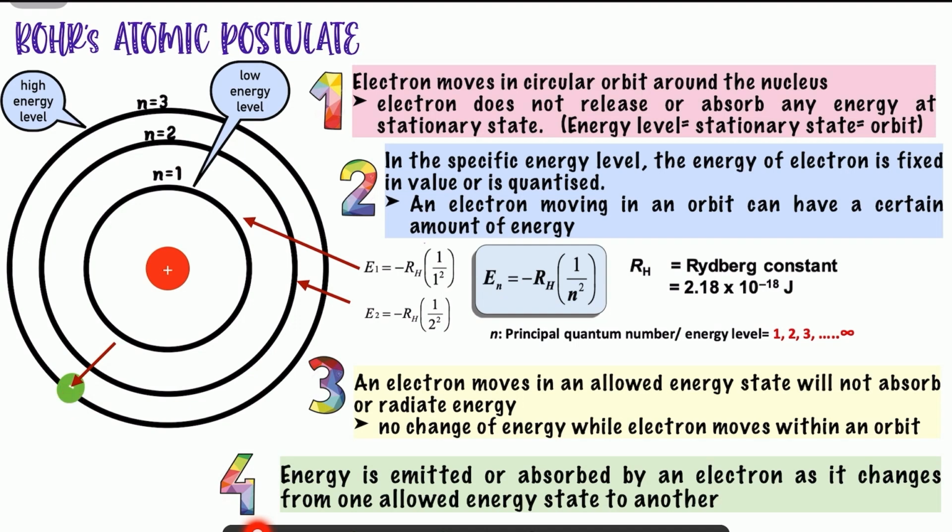So the electron will absorb energy when it makes a transition from the lower energy level to the higher energy level. And when it makes transition from the higher energy level to the lower energy level, it will release energy.